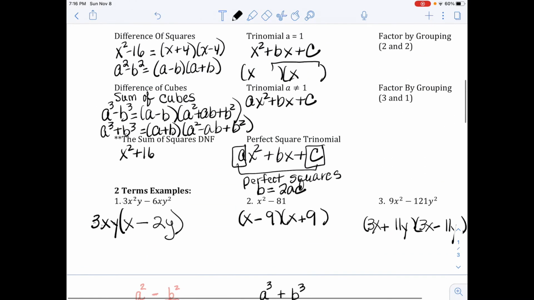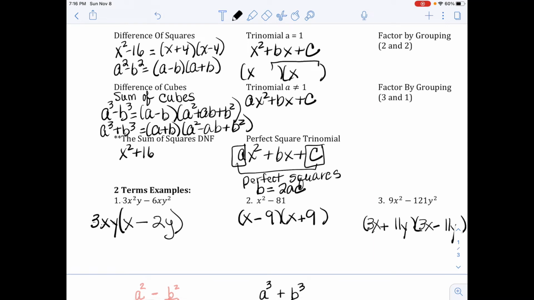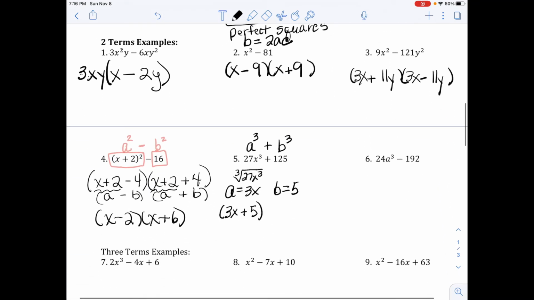Okay, and then if you go back up, you see that it is A squared, subtract the product of AB. So A squared means I have to do 3x and square it. So that's 3x times 3x, 9x squared. Then I have to multiply the two together. So 3x times 5 is 15x, and subtract it.